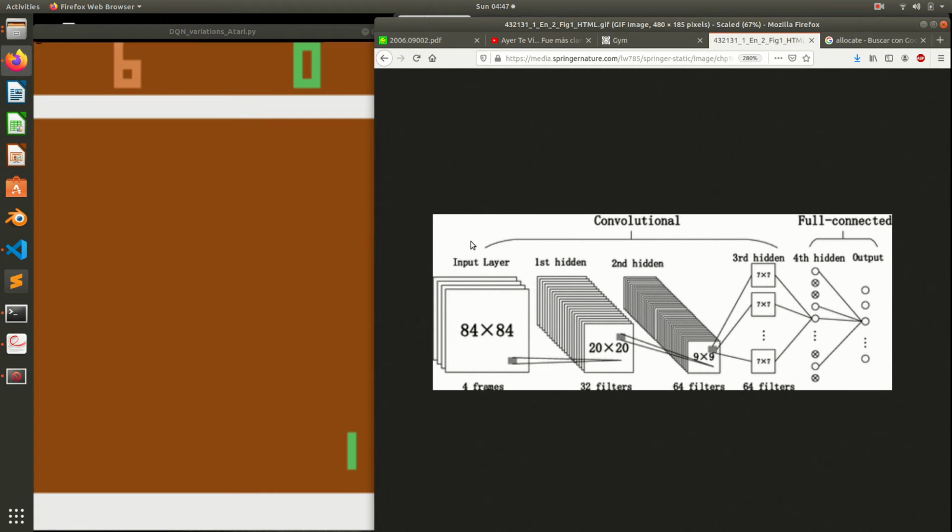This is the RGB color. This image is input into the first layer, the first convolutional layer. The operation of this layer is the convolutional multiplication.